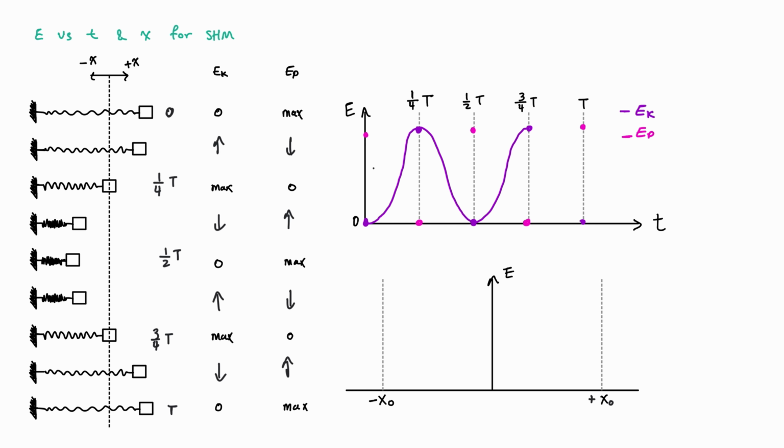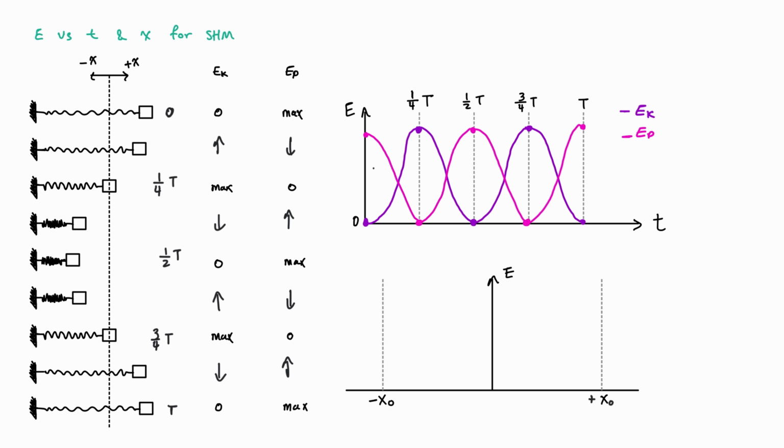Again, you need to know conceptually what's happening at different points, because here the starting position is at an amplitude, and if it wasn't at an amplitude, if we started at an equilibrium position, we would have maximum kinetic energy in the beginning, and we would have 0 potential energy at the beginning. So you need to pay attention to when things are happening, and I'm almost finished this lovely graph.